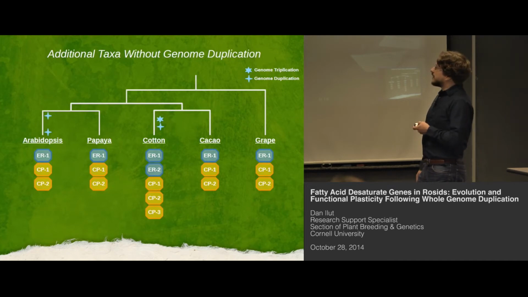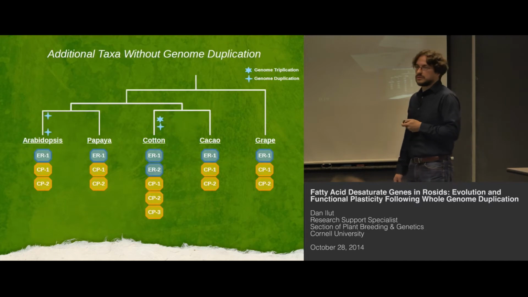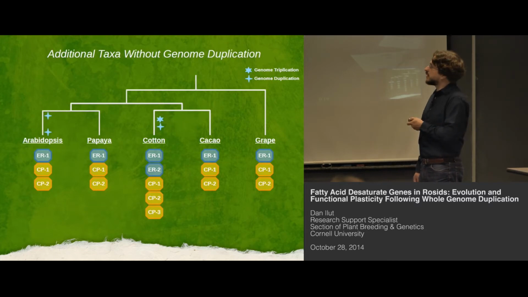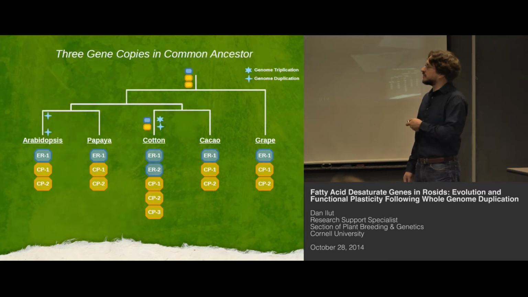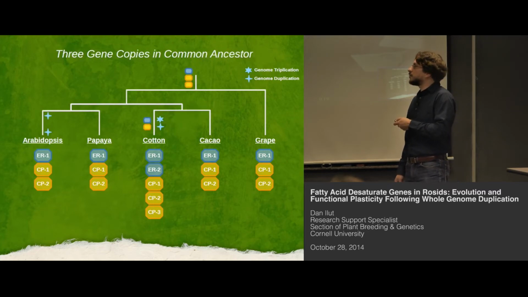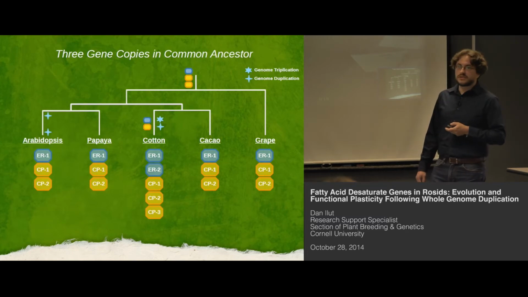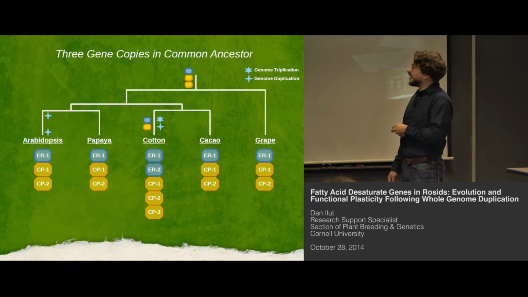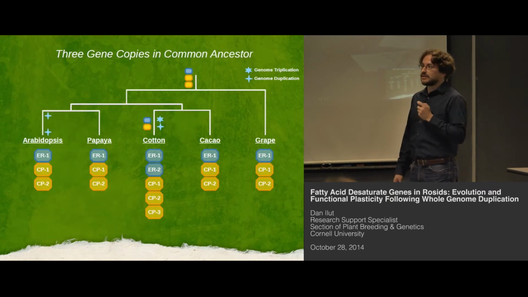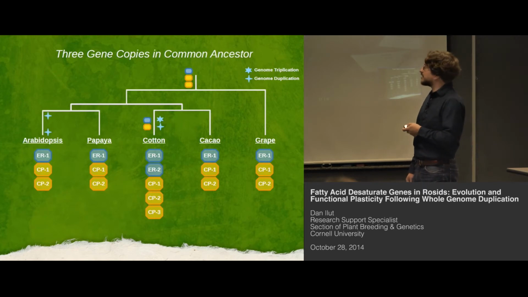So this gives us a very nice answer to our question. The simplest explanation is that all 3 copies were present in the ancestor of this clade, and then the 2 copies in cotton were derived along this lineage, possibly due to the whole genome duplication. So this is a nice, clean story. In fact, very nice. I was surprised that every single one had identifiable copies of the genes.